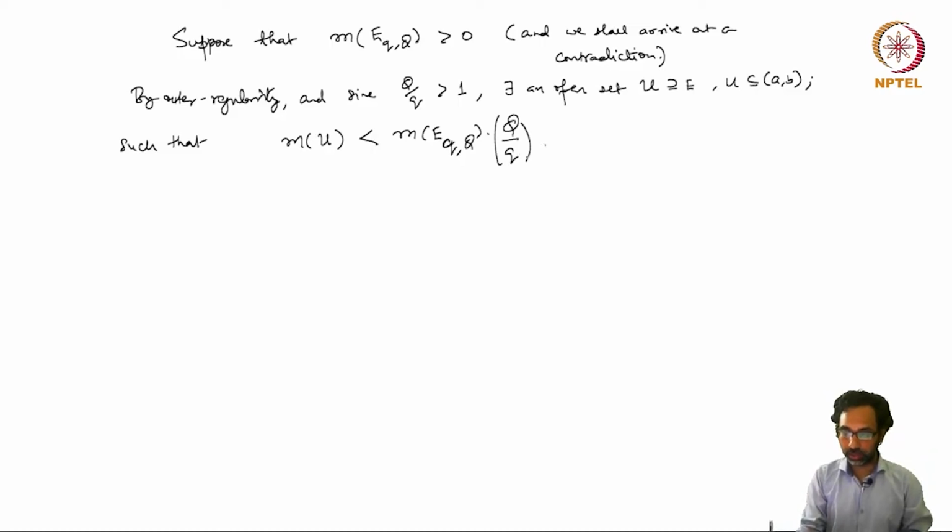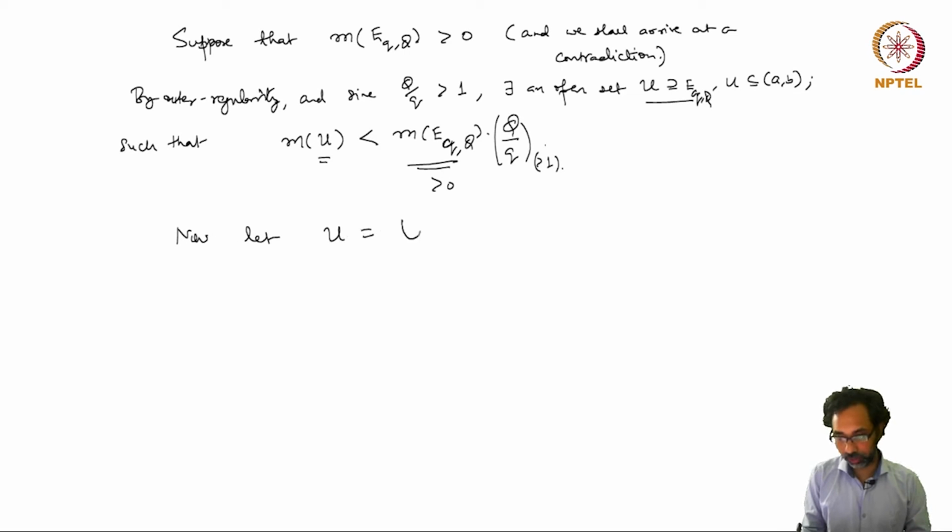So this is strictly greater than 1, and so by this infimum property one can find such an open set for which this holds, because we have assumed this to be strictly positive.